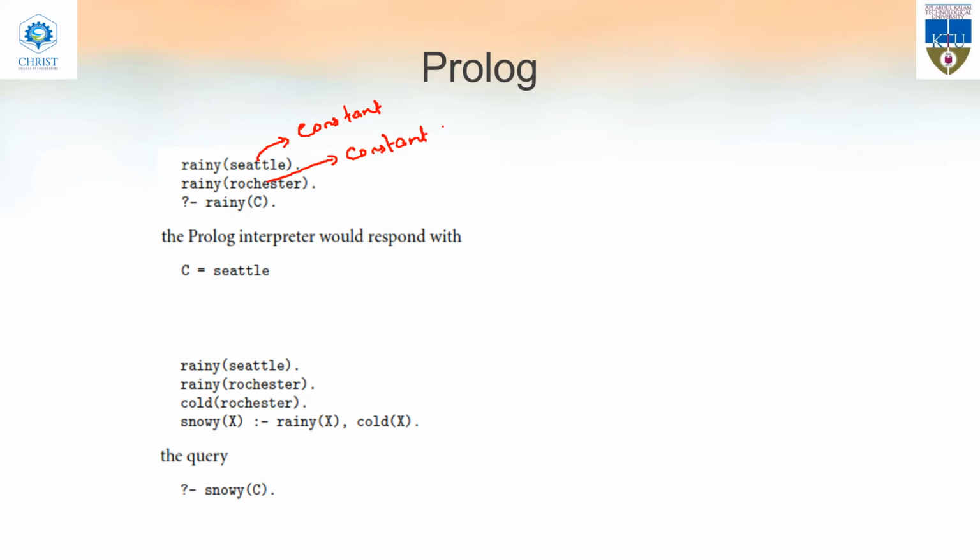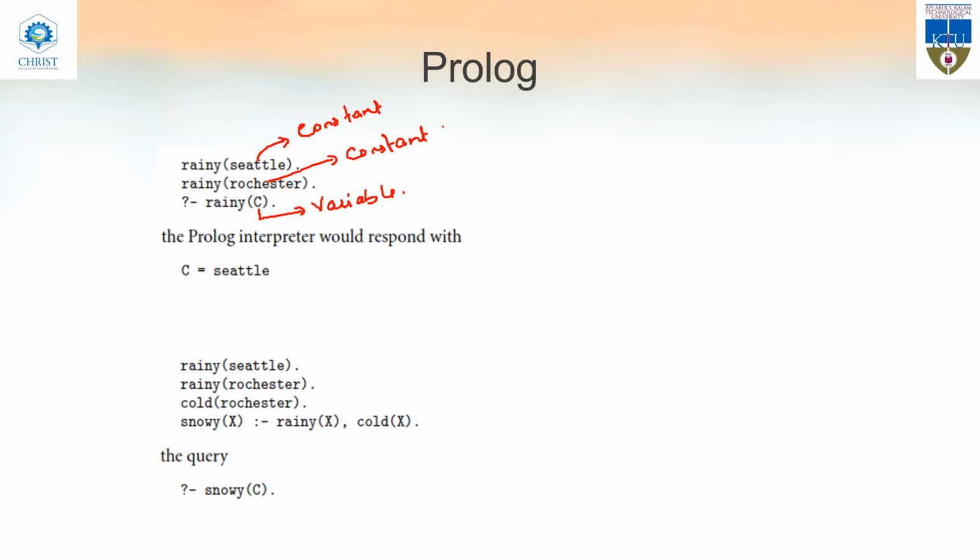Both seattle and rochester can be called atoms. Here C is a variable because it starts with a capital uppercase letter.